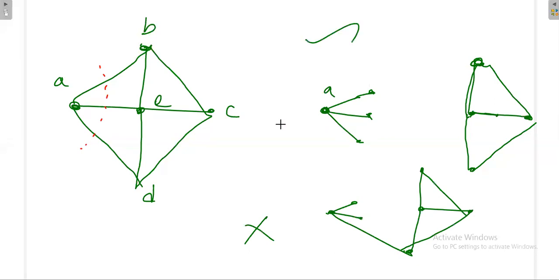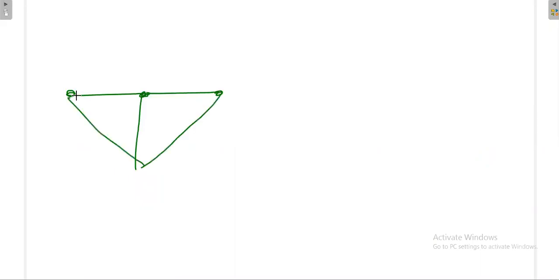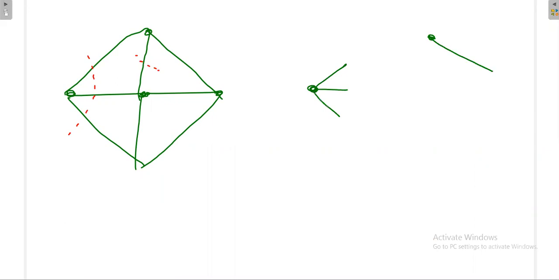But this is not the only way to make the graph into 2 different parts. I can also do it in some other manner. Say, for example, I make a cut here and one more cut here, so there are 4 cuts, and now the graph would look like this.